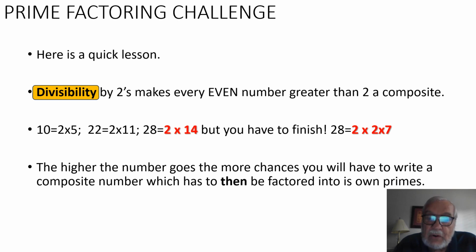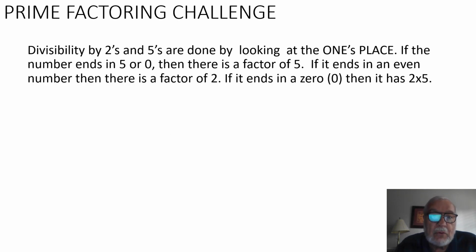The higher the number goes, the more chances you will have to write a composite number which has to then be factored into its own primes. And that's the reason that these 2 through 20 are so important.